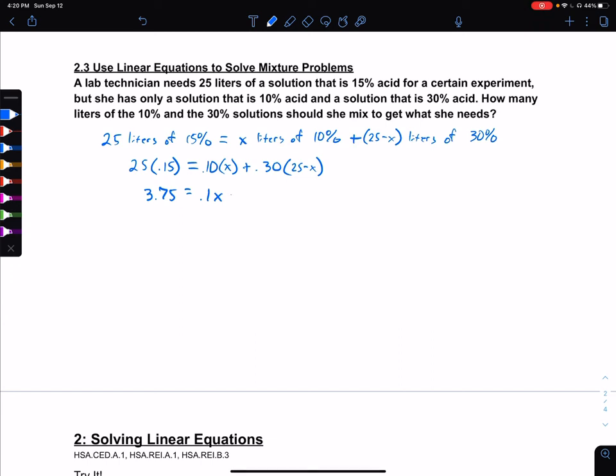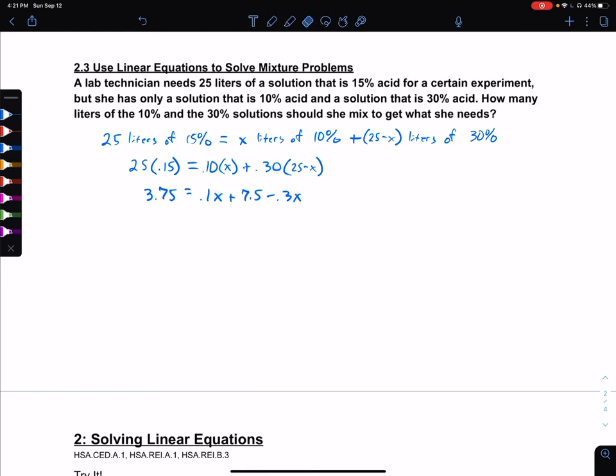And then here, we're going to add 0.3 times that 25, which is going to give us 7.5. And then 0.3 times a negative x is going to be negative 0.3x. Notice that I got rid of the zeros here, I didn't have to show them any longer.